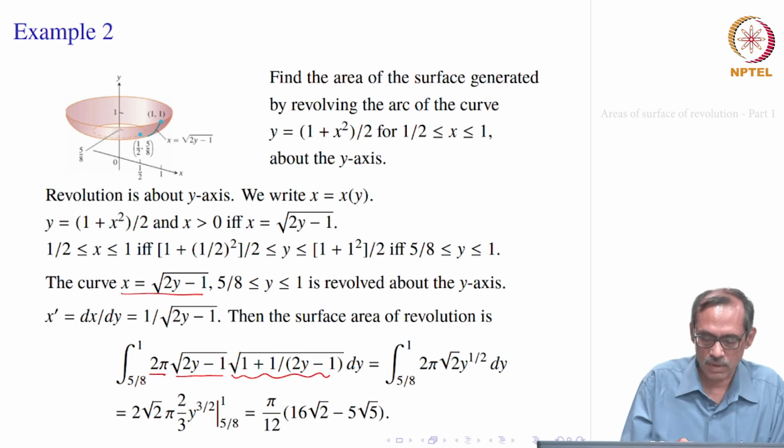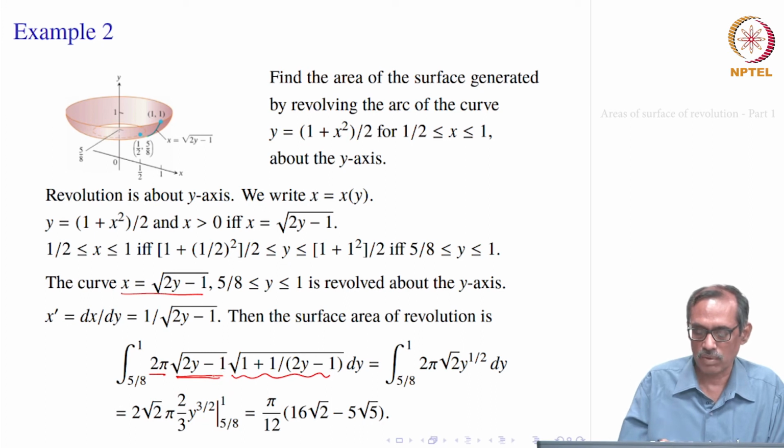Therefore, the surface area will be the integral from 5 by 8 to 1 of 2 pi g of y, which is square root of 2y minus 1, times square root of 1 plus x prime square, which is 1 divided by 2y minus 1.